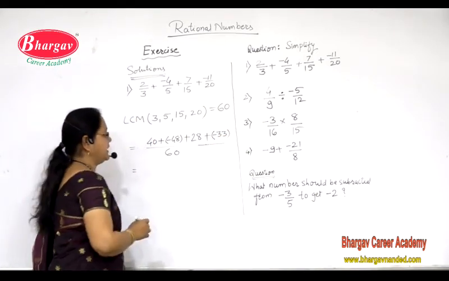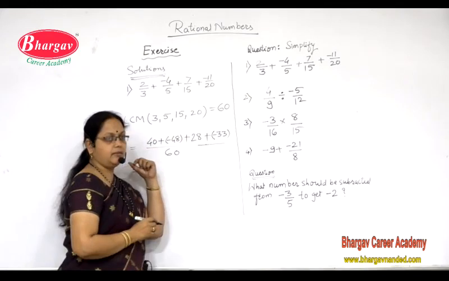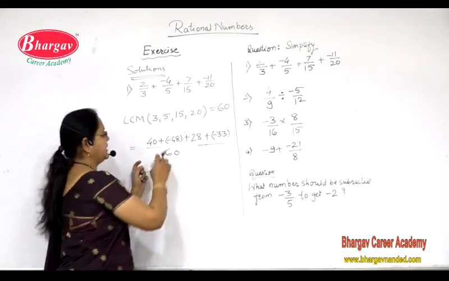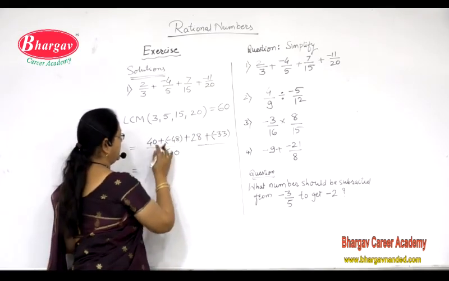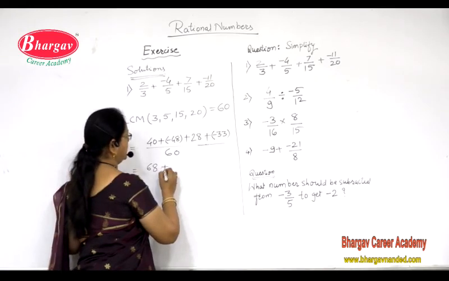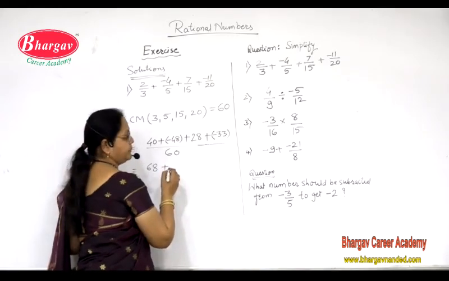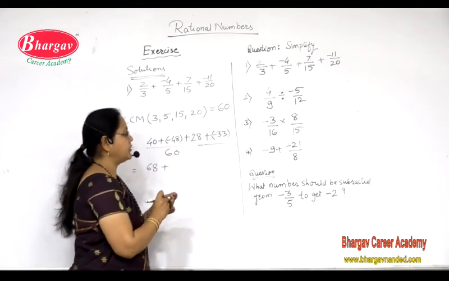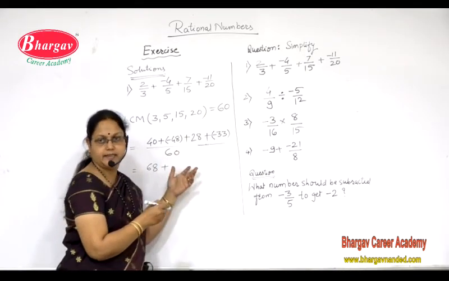Now the situation is here, two numbers are positive, two numbers are negative. What we do here, we first add these two positive numbers. 40 plus 28, it is 68, plus we add these two negative numbers because we know the sign rule. Whenever we are having same sign numbers, we add those numbers and we put the sign as it is there.